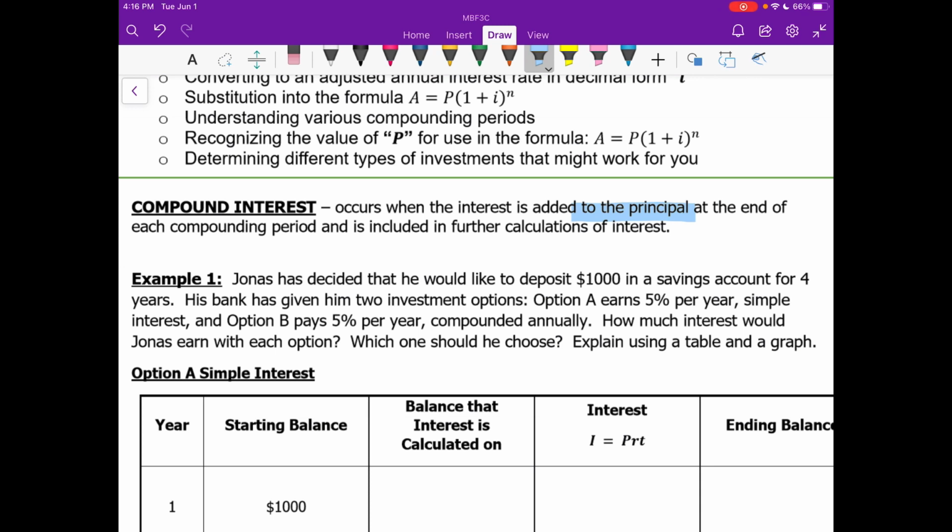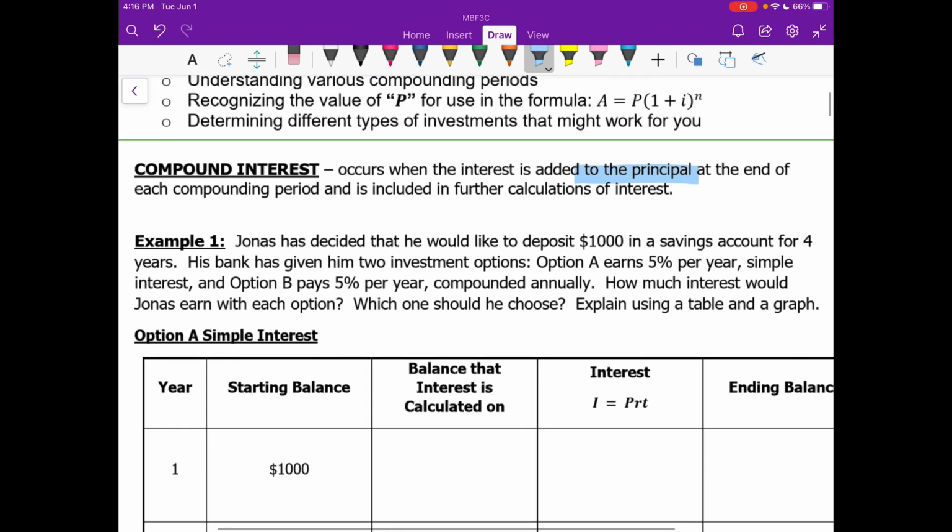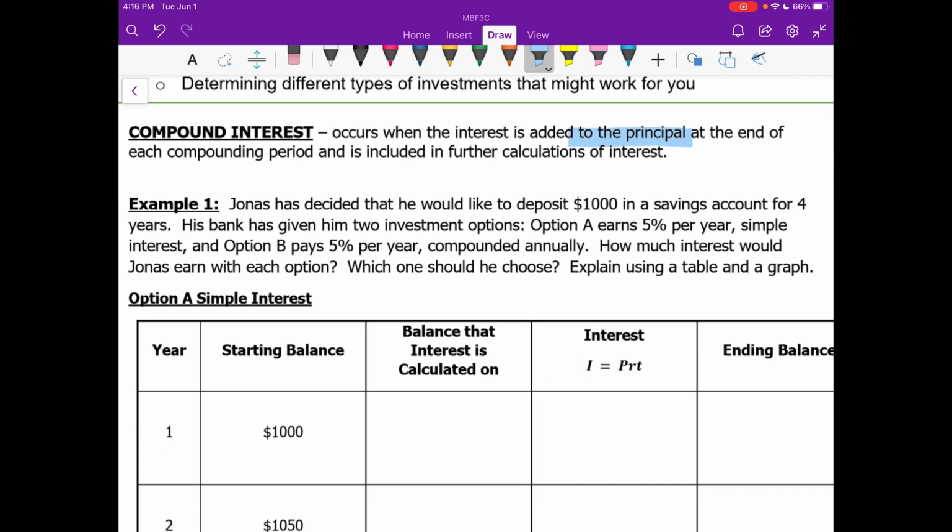Whereas with compounded interest, when you made $10 at the end of the first year, they reinvested your principal, and now your principal was 210, and then 220, and then 240, and so on. And we'll talk about how we can calculate that.